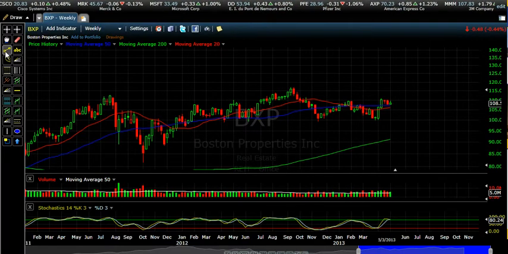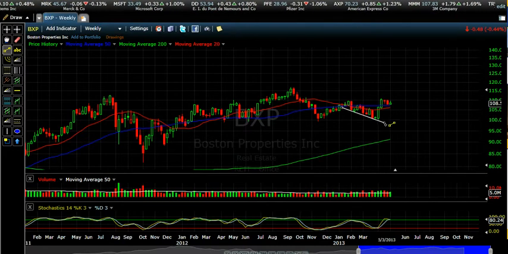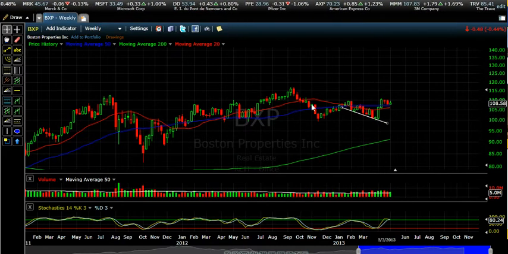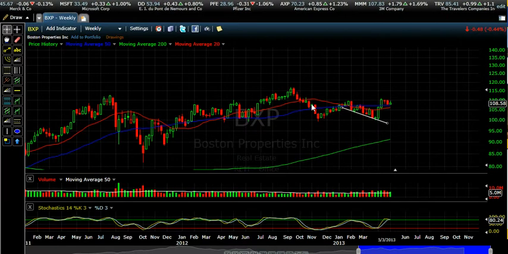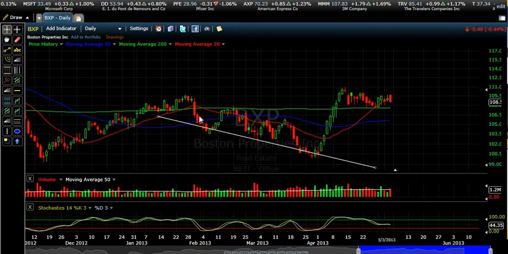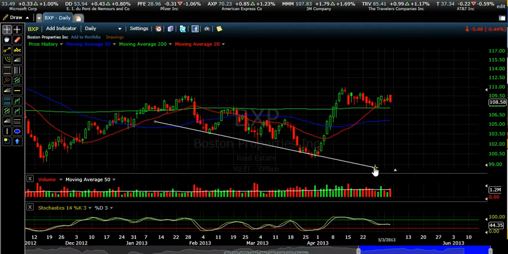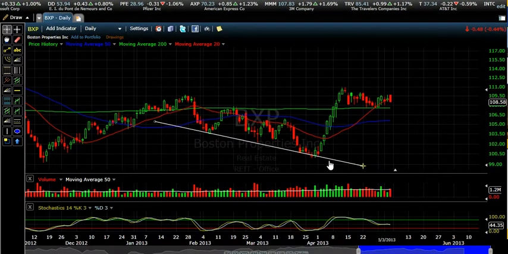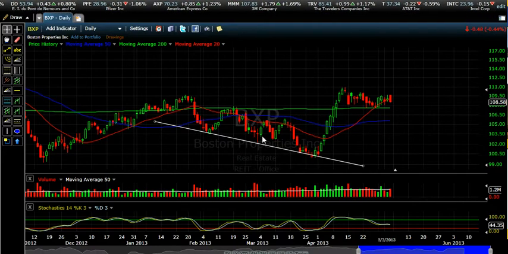So I use this tool right here, the trend line, and I'll just draw the support line right there. Now to really fine tune it and make it accurate, I go down to the daily chart and I'll just fix this slightly. Let's see, it looks like I go about right there, and I basically line it up with the lows.